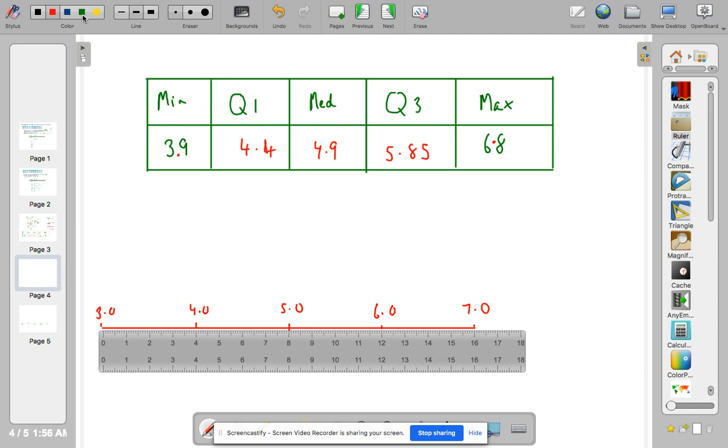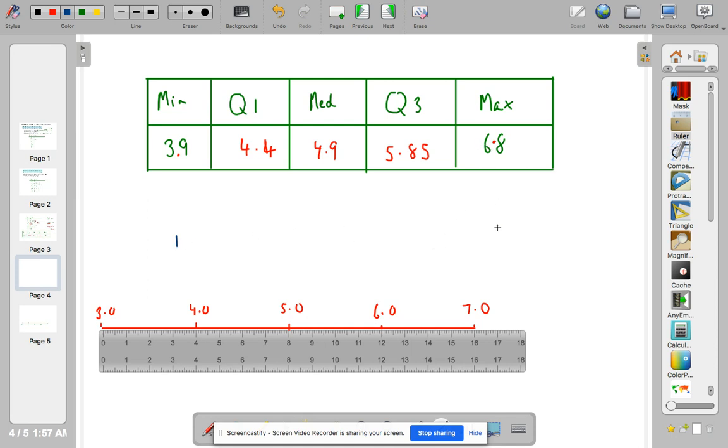Time to draw the box and whisker plot. I'm going to do it in a blue colour here. My minimum is 3.9, which is about here. So first whisker. In fact, I'll get the straight line happening. 3.9, it's about there.